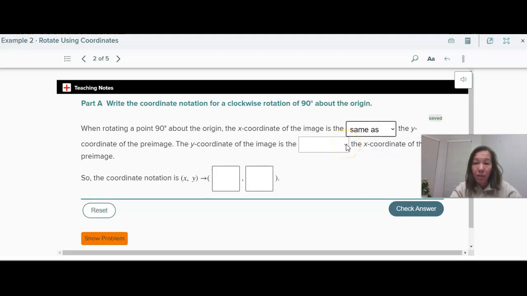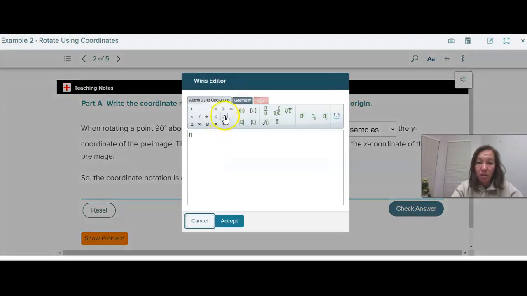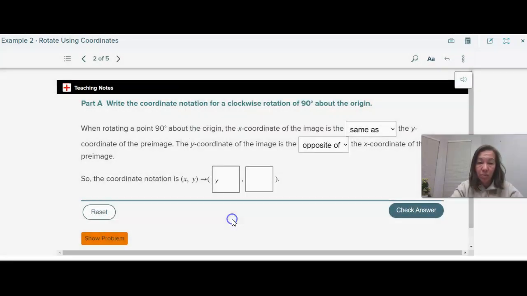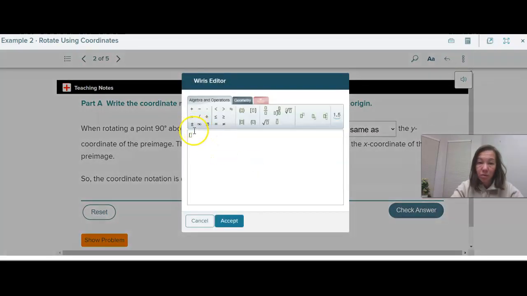The y-coordinate is the opposite of the x-coordinate. So this is y, and negative x. There we go.